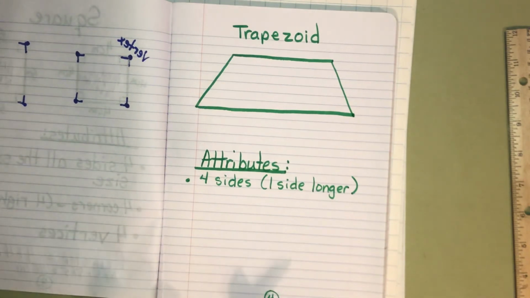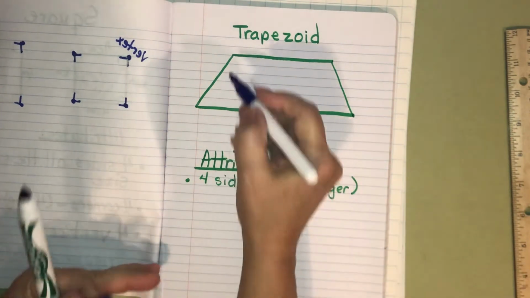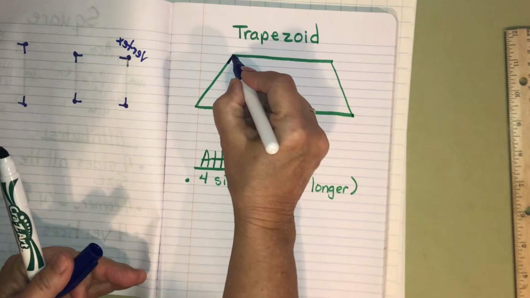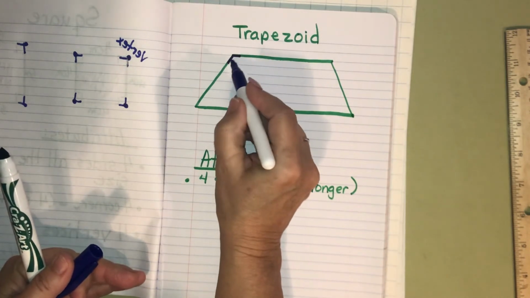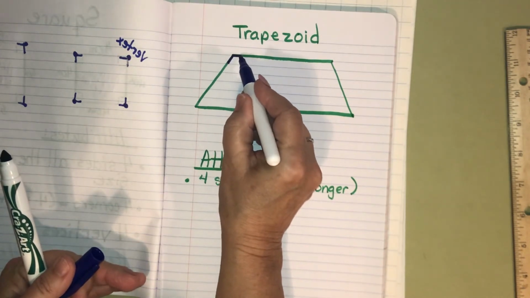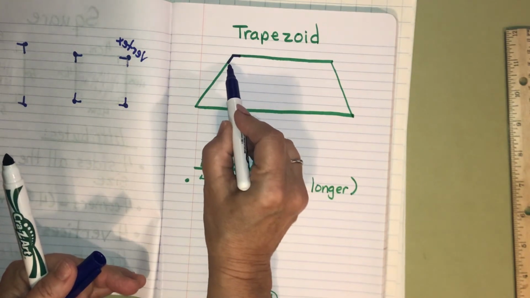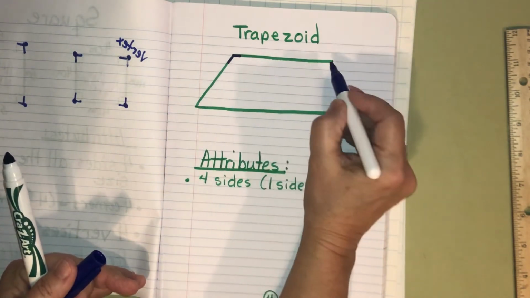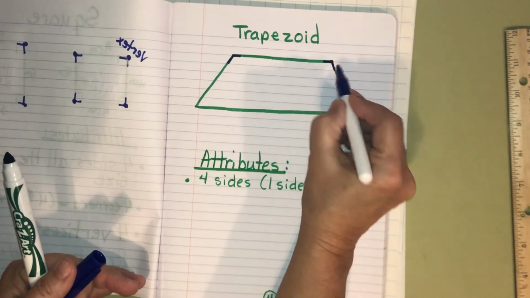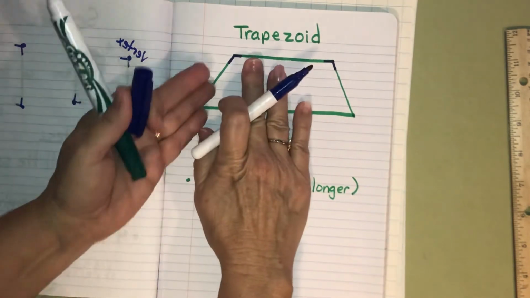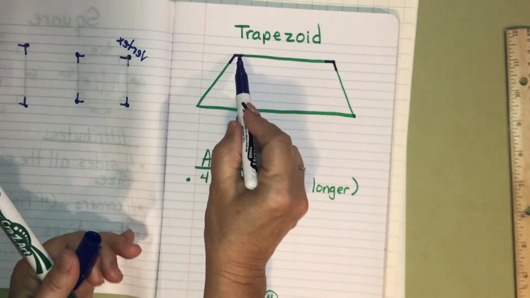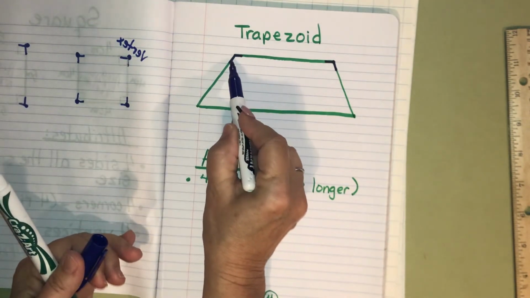How many angles do you see? Well, this is where I like to get out my other marker and trace those corners or angles. Does that look like you could make a square out of it? Not really. If I make those dotted lines, it doesn't make a square. So what kind of an angle is that? If you look at just the angle, you can tell that that is an obtuse angle.